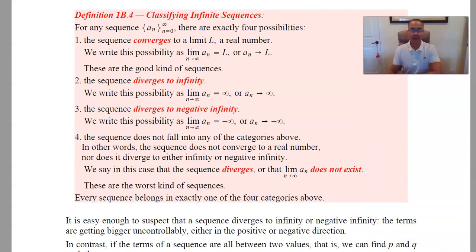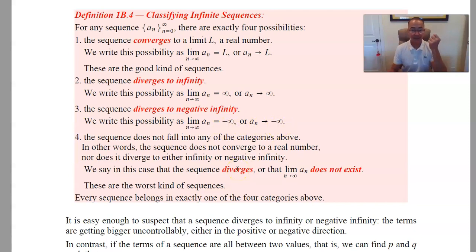Only one kind is going to converge. The best kind, we have convergent sequences where the limit is some real number L. We have sequences that diverge to positive infinity, meaning the terms get bigger and bigger without bound as n gets bigger and bigger. There are sequences that diverge to negative infinity, so the terms get bigger and bigger in absolute value, but they're always negative.